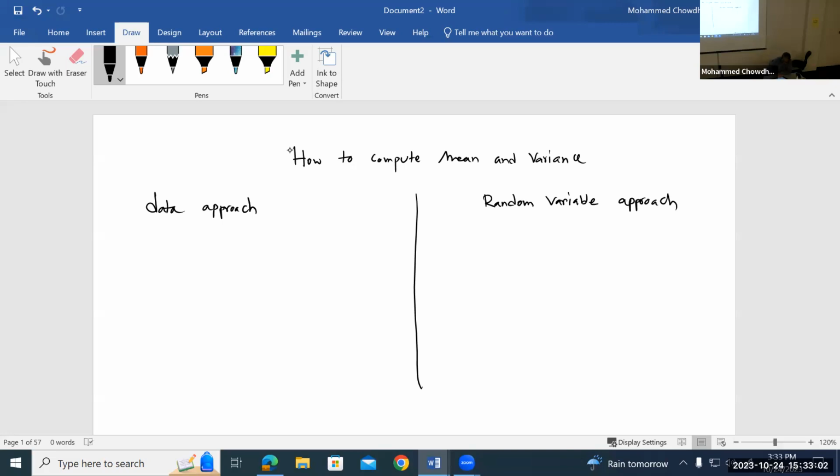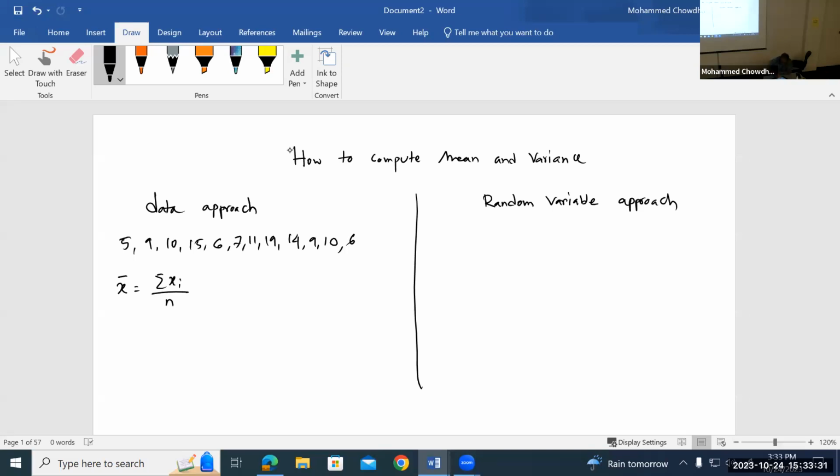So what is the data approach? Suppose you are given 5, 9, 10, 15, 6, 7, 11, 19, 14, 9, 10, 6. These are the data points given. And then how can you find the mean? Mean you can find by using sum of xi over n.